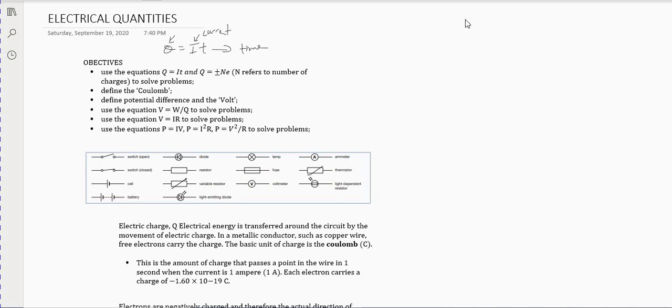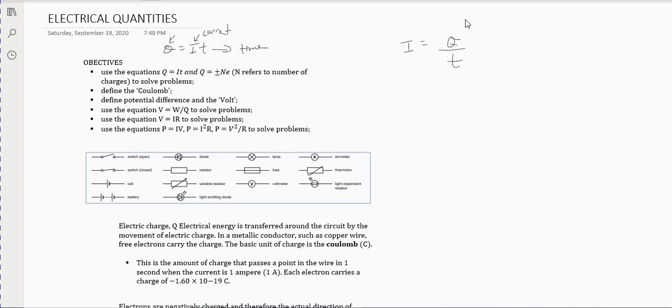Now, if we can recall in CSEC, we would remember that current is equal to the rate of flow of charge, which in the formula sense looks like this: Q divided by T will give us the current. So if I want to find my charge, then I would have to simply manipulate this.